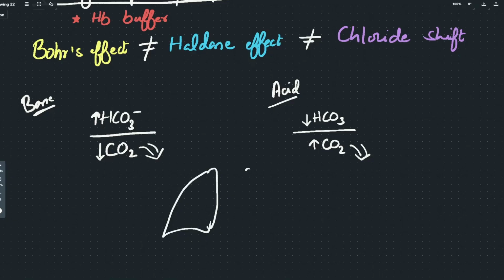So what can our respiratory system do? Let's say in a normal person, CO2 level is becoming low because it fought with the base. Then our respiratory system will try to retain the CO2, so the rate of respiration will become low. We will hypoventilate.